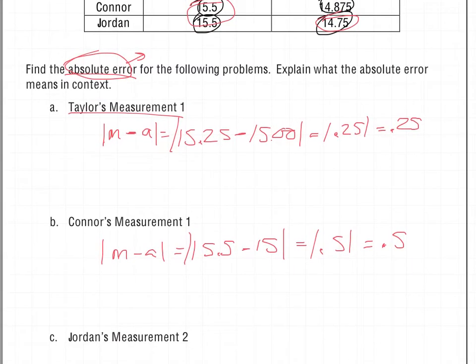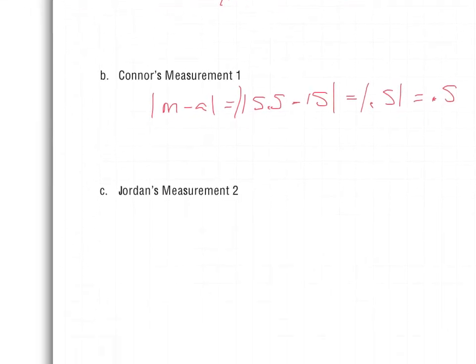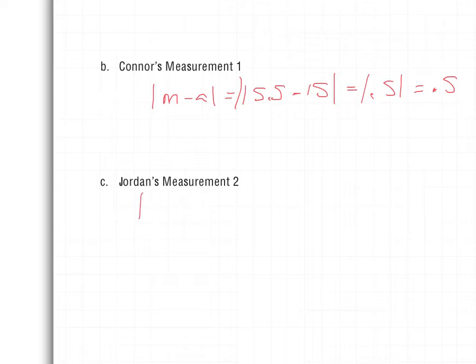And finally, let's look at Jordan's measurement 2, which is 14.75 minus the actual of 15. Now when we do this one, switched the opposite, this is going to be more negative than it is positive. So we get the absolute value of negative 0.25. So again, I don't really care which direction they're off.